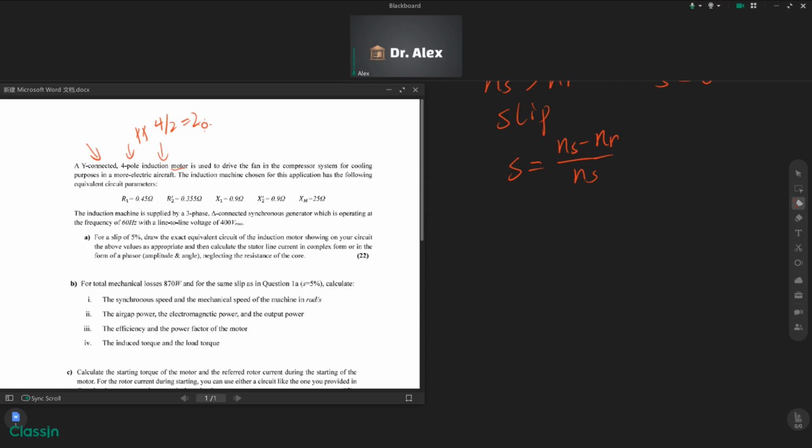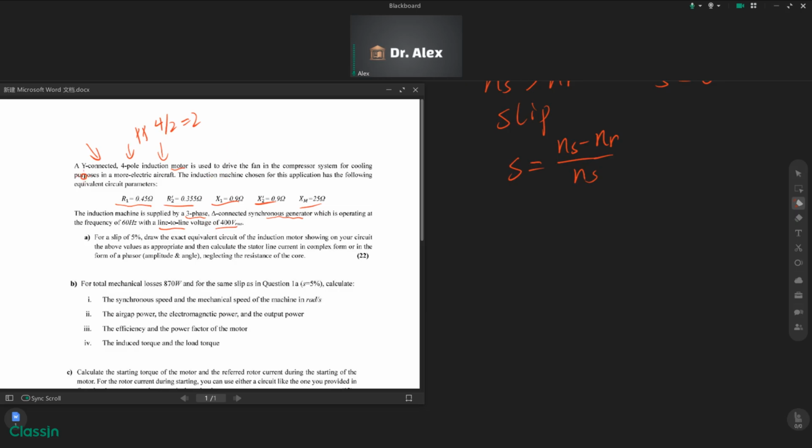Okay. And we get all these values for R1, X1, R2, X2, and Xm. And this machine is powered by this source, and the line-to-line voltage is 400 V RMS, right?